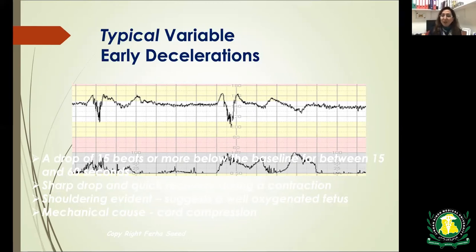So, through the parasympathetic stimulation, they send a message to the heart and the heart rate is dropped. And whenever this contraction is over, this goes back to normal. So anything which is caused by pressure goes away after the pressure is released.